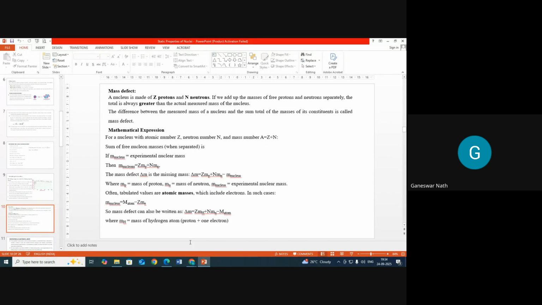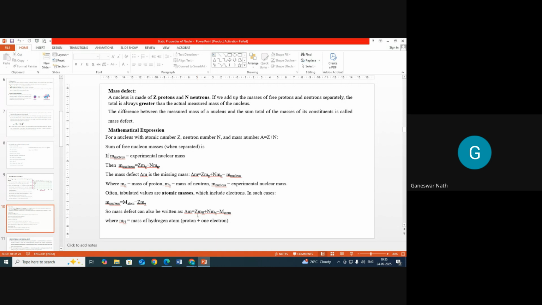The often tabulated atomic value gives the mass of the nucleus as M atom, the atomic mass, minus Z M_e, the mass of the electrons. So the mass defect can also be written as delta M equals Z M_H plus N M_n minus M of the atom.